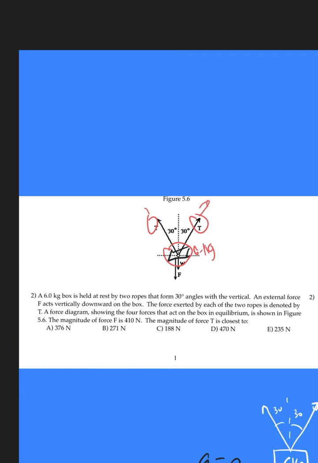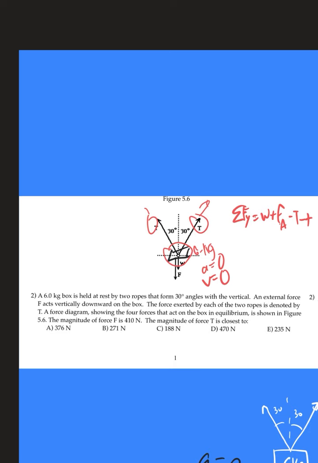What we have to do is, this is at rest, so acceleration is zero and velocity is zero, right? So net force in the y direction is equal to weight plus A minus T, right?